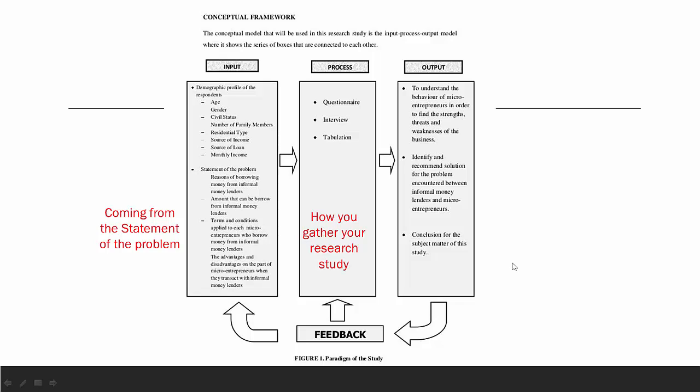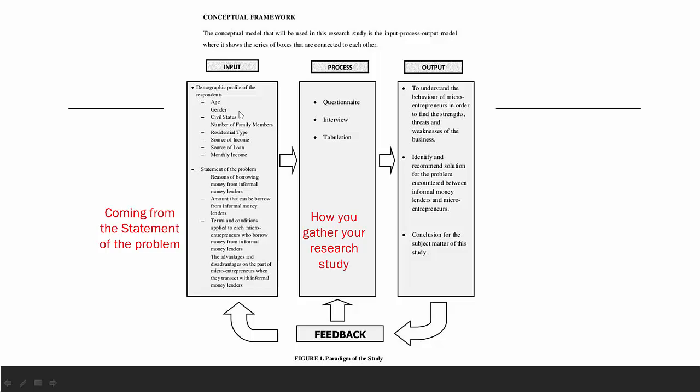As I said, the input is coming from the statement of the problem. We have the demographic profile of the respondents: age, gender, civil status, number of family members, residential type, the source of income, and so on. Statement of the problem: reasons for borrowing money from informal money lenders, the amount that is due, and so on and so forth. That is coming from your problem.